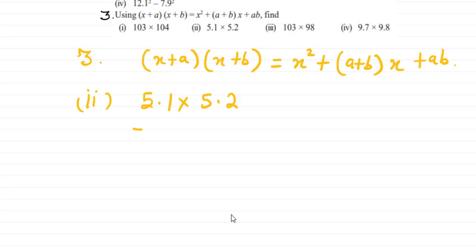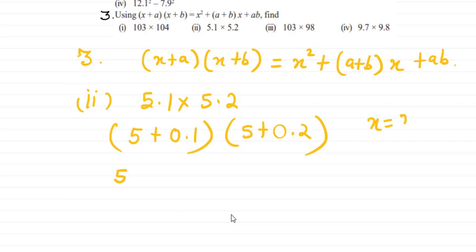Again you will just break it, like you can see 5 is coming, so x can be taken as 5. First I'm breaking it as 5 plus 0.1, and the second as 5 plus 0.2, and then we can solve it. So x is 5, a is 0.1 and b is 0.2. You can simply put that in the formula.